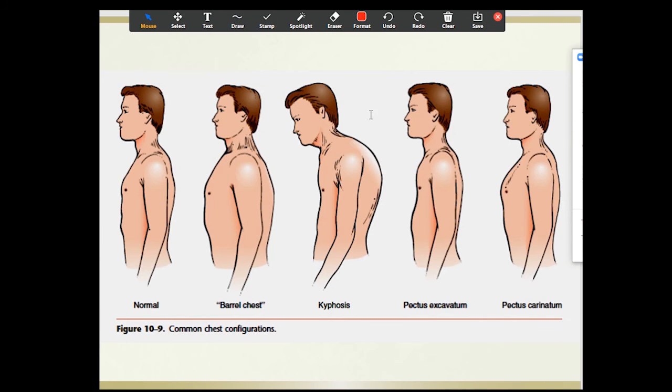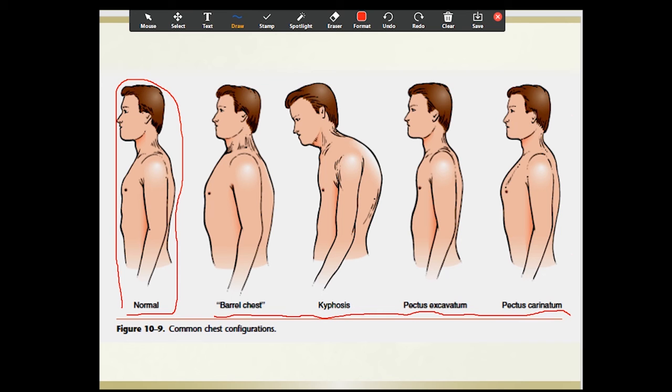Then we have some pictures here. Certainly this picture is normal. We're looking from the side. And all of these here are abnormal, with different kinds of shape and size in there. So those are the inspections.